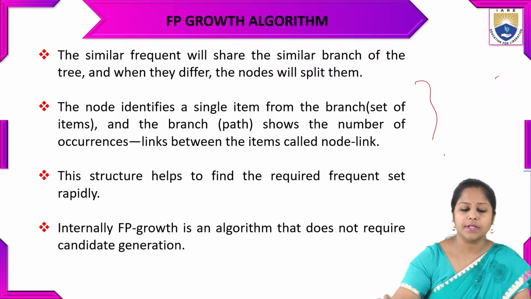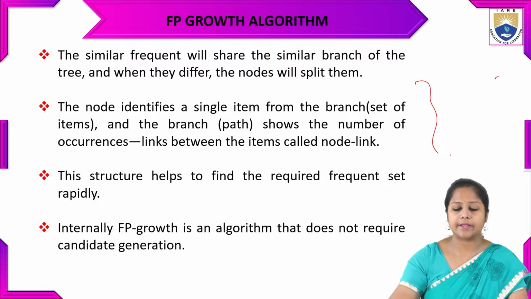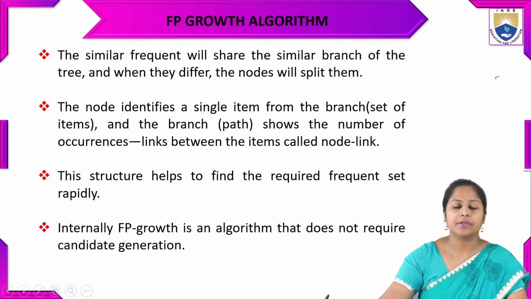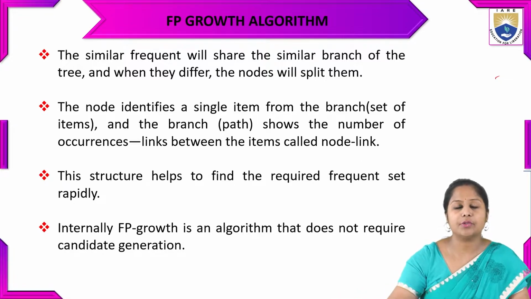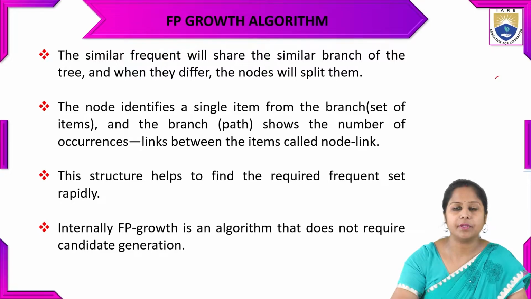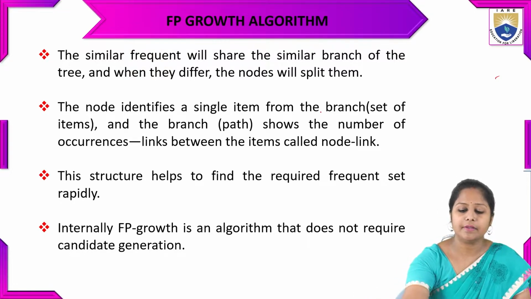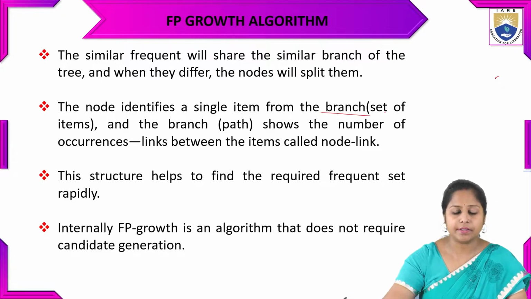The node identifies a single item from the branch, which is called a set of items. So while we construct an FP tree, the branch will be the set of items. The branch is the path showing the number of occurrences, how many times the item is occurring.